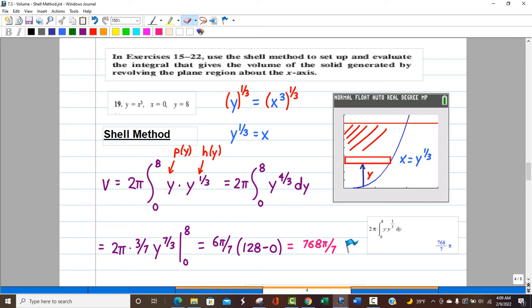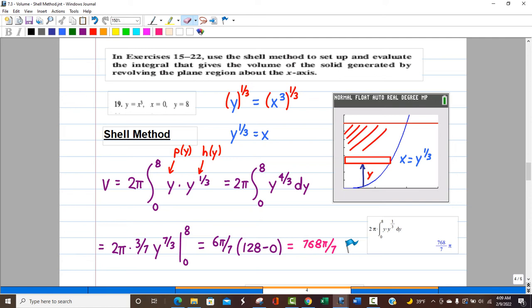So your rectangle goes this way, and that's because the thickness of it is dy on the y-axis. And then that vertical distance here is going to be y, and then the distance out to the curve is going to be, which you can say is basically the height of your shell.